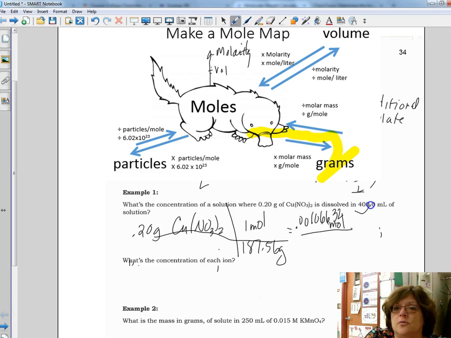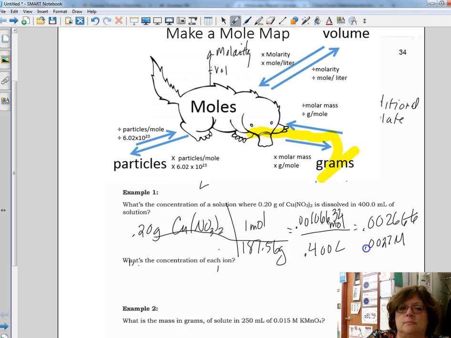If we move our decimal 3 places to the left, we have liters. Divide by 0.4, and our final molarity is 0.002666. And we need two significant digits, so we'll round to 0.0027 molarity.